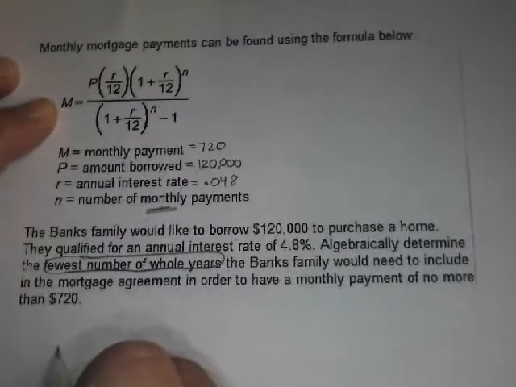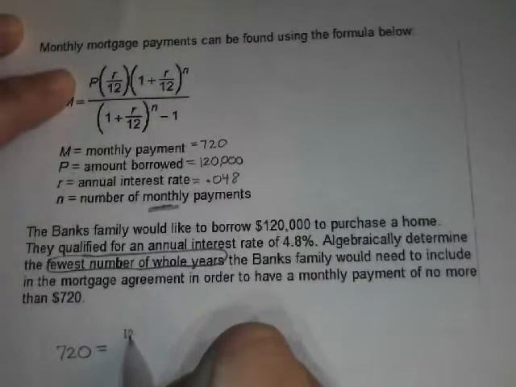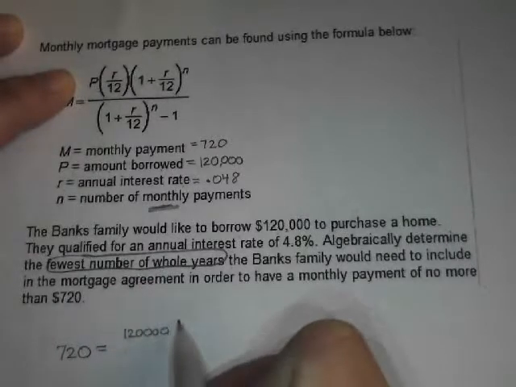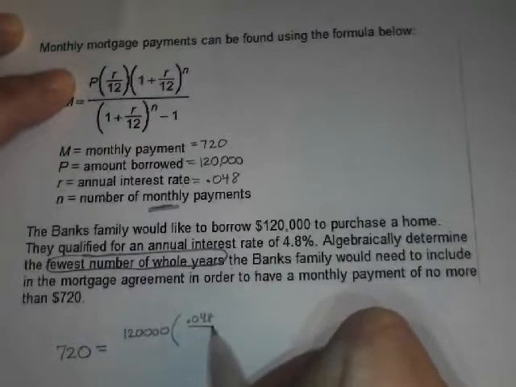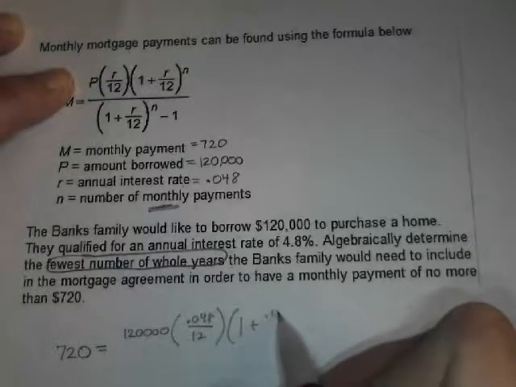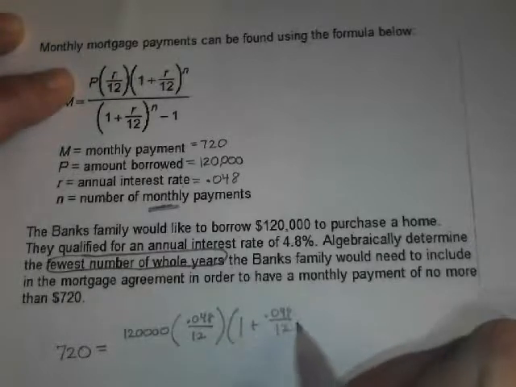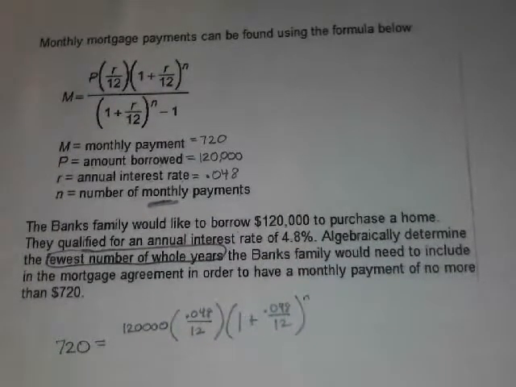So M is 720, P is 120,000, R is 0.048, we put that over 12. 1 plus 0.048 over 12 again, to the nth power, we don't know what n is.